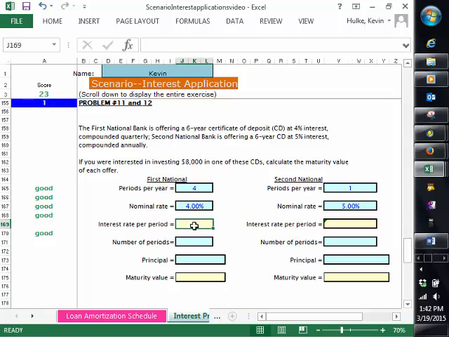But since there's 4 quarters in a year, it's actually 1% per quarter, whereas over here it's still 5%, 0.05 for the year. Number of periods, in the 6 years, there's 24, and there's 6 years in 6 years. The principal is $8,000 in each case.